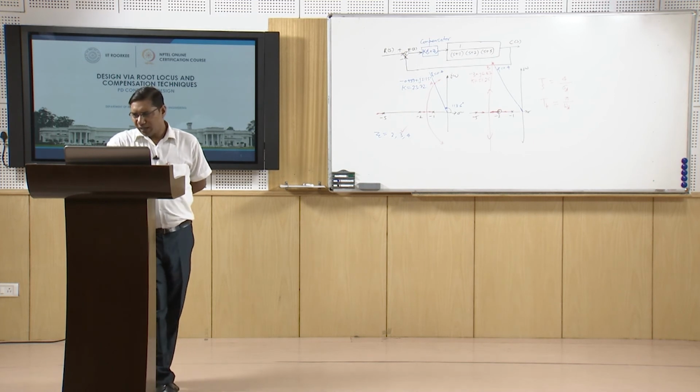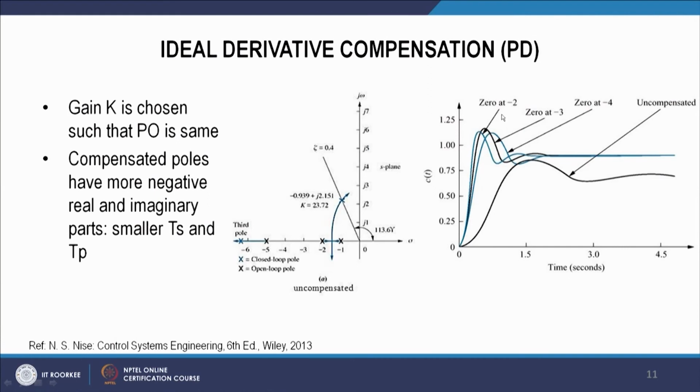So here we can see that compared to the uncompensated system, for all these three zeros that we have selected, or compensated schemes, we have retained the same percent overshoot because the damping line is constant. All these points are on this damping equal to 0.4, so the percentage overshoot is the same.